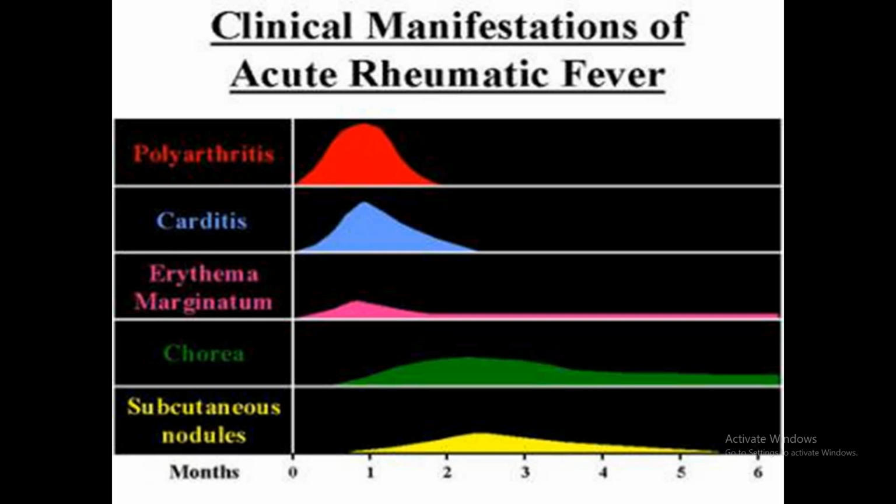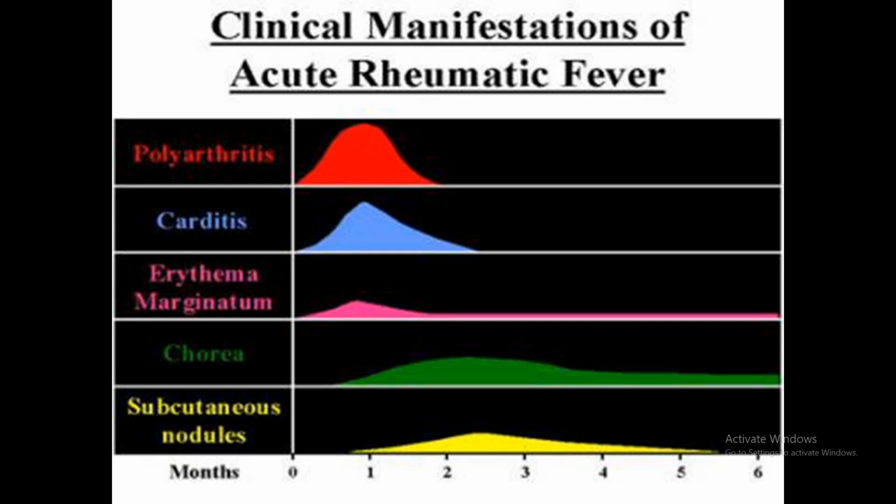Then erythema marginatum, which is the specific type of cutaneous manifestation. Chorea, where the central nervous system is involved. Again, they said this is probably part of vasculitis because it is an autoimmune disease. Subcutaneous nodules are also part of it. These are rheumatic nodules present at the pressure points of different parts of the body.